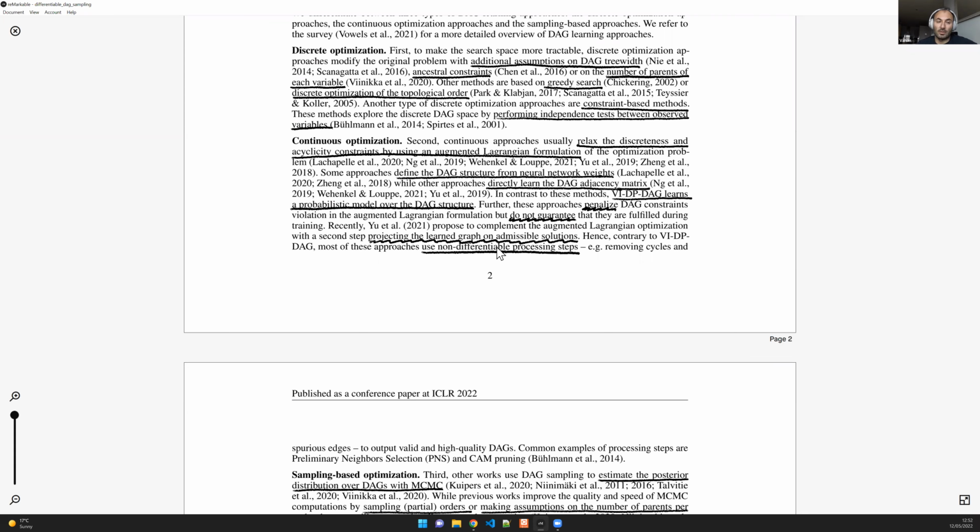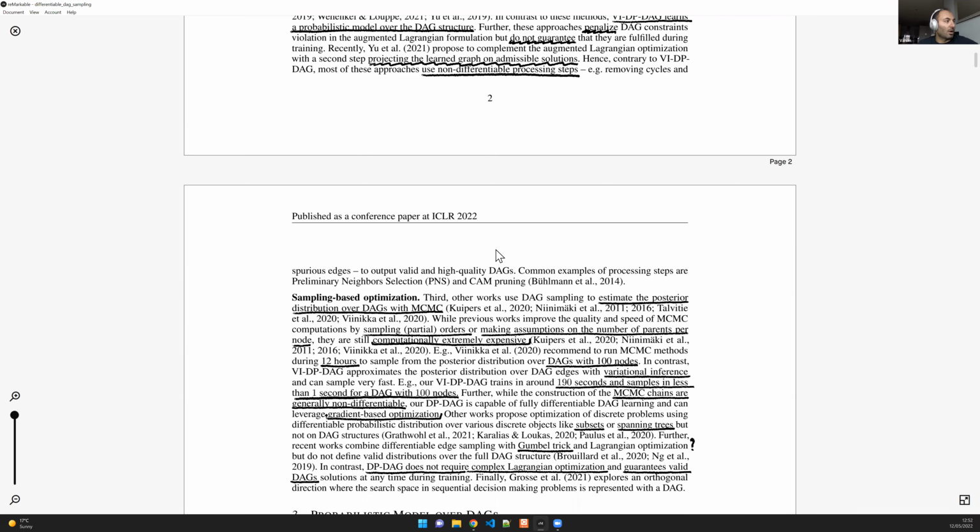There is a penalty, but it can be violated. However, in this paper, we build a method that enforces the DAG constraint during the optimization by adding projections. We'll see later how it's done.